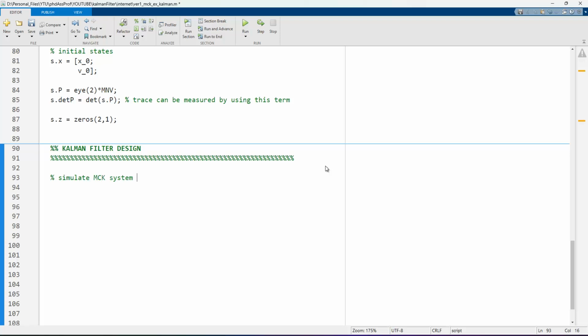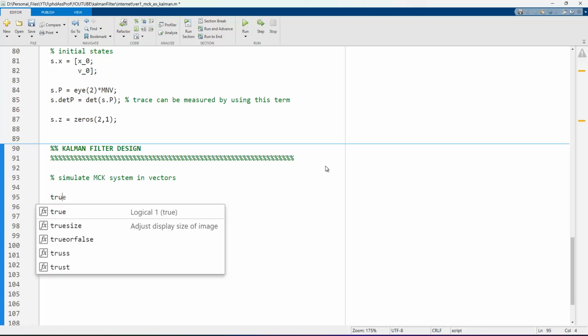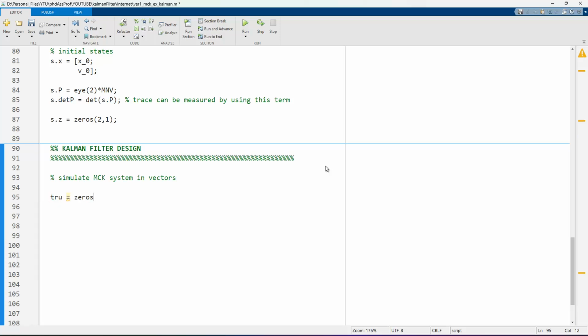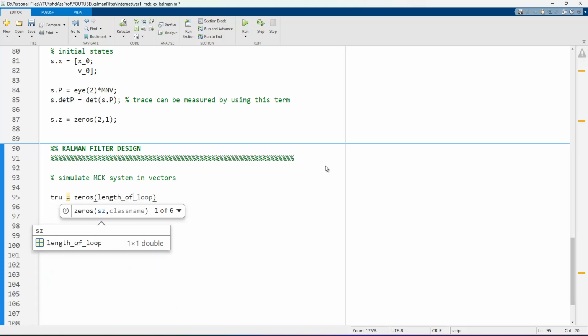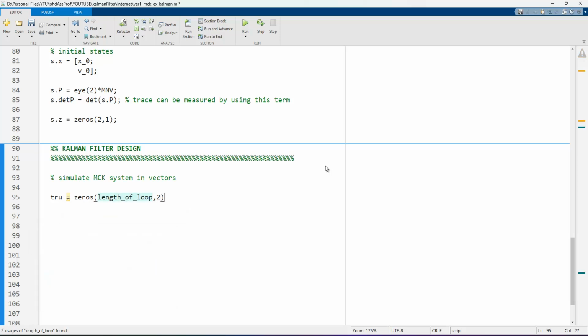After that we need to simulate the MCK system in vectors. For example, true is a variable, zeros of length of loop in here with 2 columns. Okay, because true is the real dynamics, the real ideal state values for the position and velocity in vector notation.